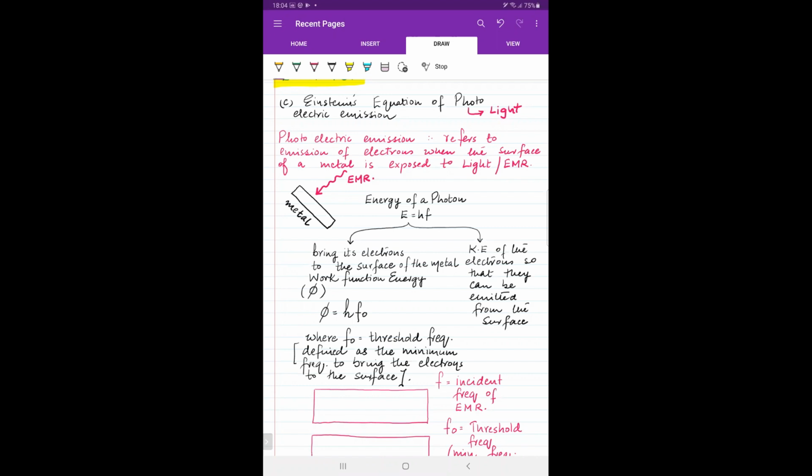So he was of the opinion that the energy of the photon belonging to the electromagnetic radiation, that is E is equal to HF. This energy of the incoming photon is going to be used up by the metal to serve two purposes.